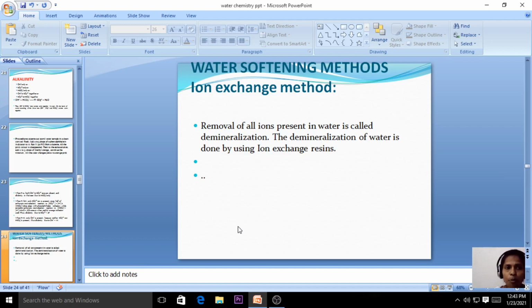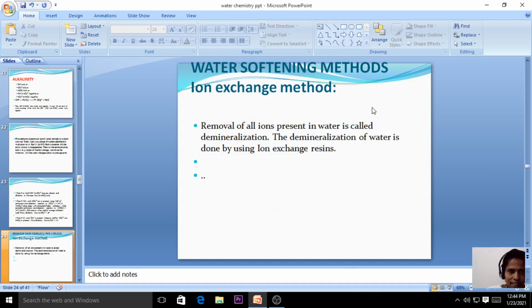We want to remove all the hardness causing ions in the water sample. But what are the hardness causing ions? Calcium plus 2, magnesium plus 2 and bicarbonates, chlorides, sulfates and nitrates. That means we want to remove all the cations and all anions in the water sample by using the ion exchange method.